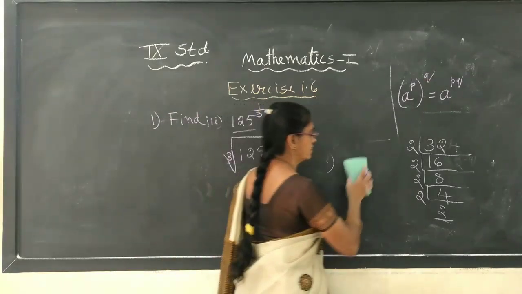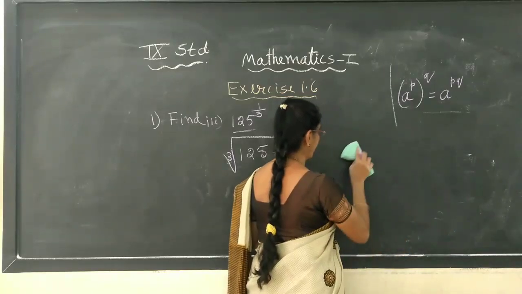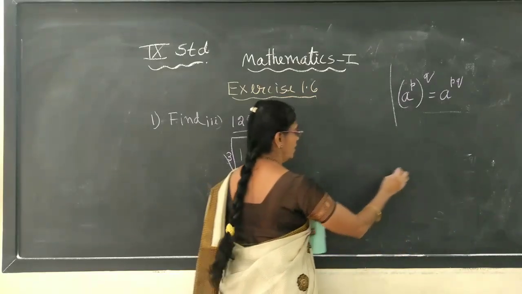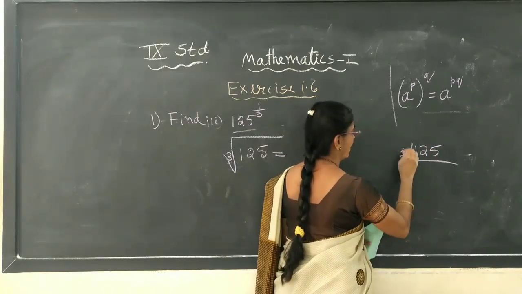You know which cube number gives 125: 5 cube. If you don't know, divide it by 5 and see how many times it will divide.